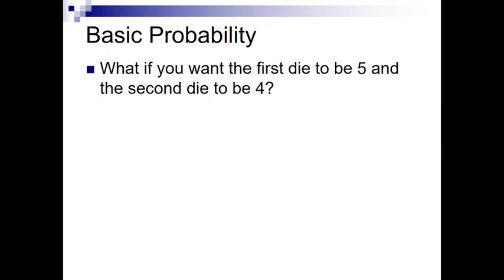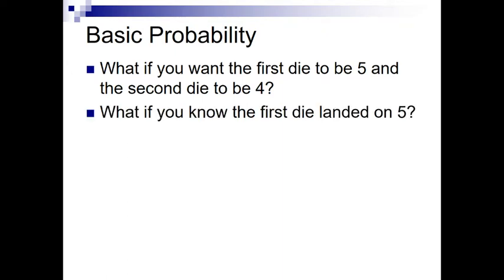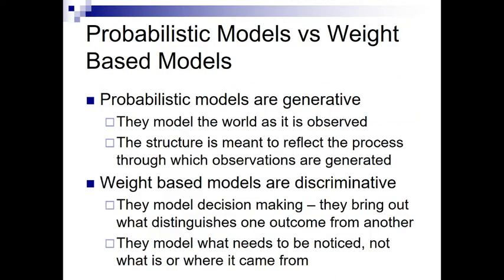Now, if there's an additional constraint that the first die has to be a 5 and the second die has to be a 4, now there's only one way that we can meet the constraints, and it will be 1/36. Or what if you already know, though, that the first die landed on 5? Now there's actually only 6 things that can happen, and one of them satisfies our condition, and so the probability is 1/6.